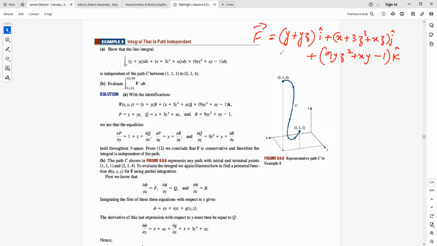Now to test whether this field is conservative or not, we can find the curl, and simply if the curl is equal to 0, then we can say that the field is conservative, right?